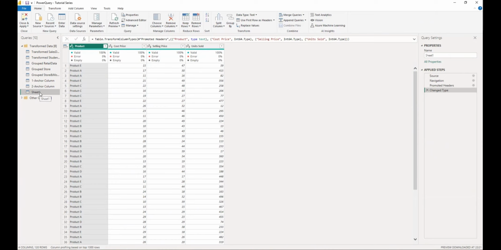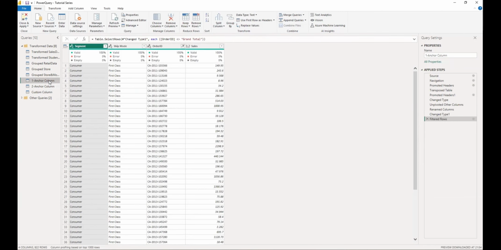So this topic is basically for, let's call it, custom code. Yeah, that's basically what we're going to do. I'm just thinking of whether to call this one on pivots. Yeah, we'll call it one anchor column.